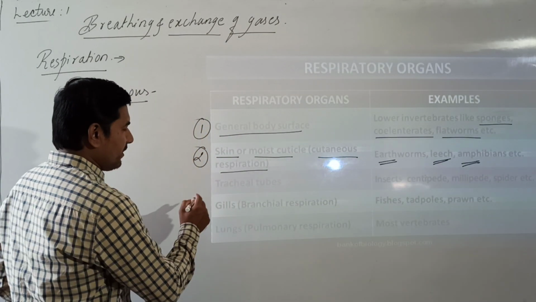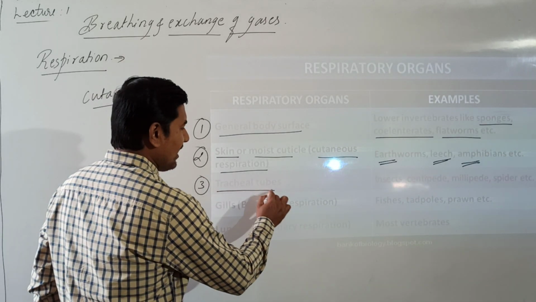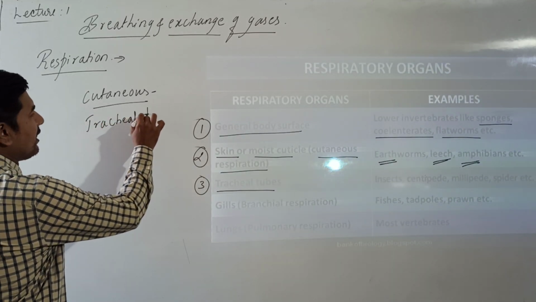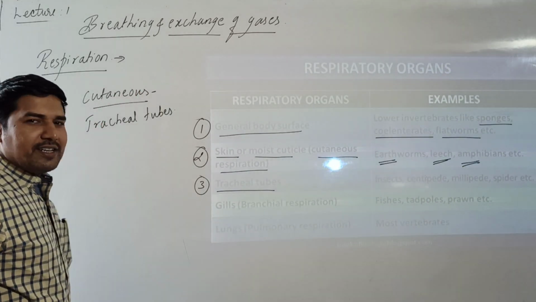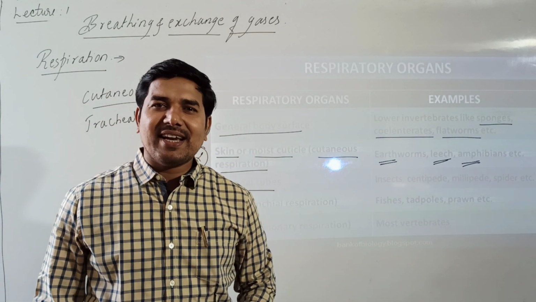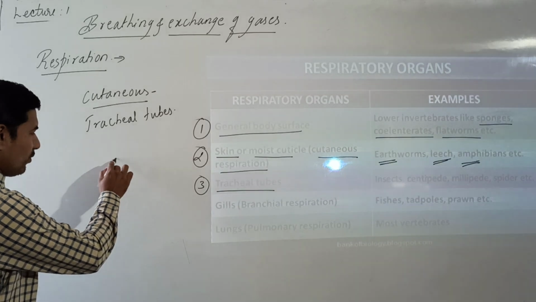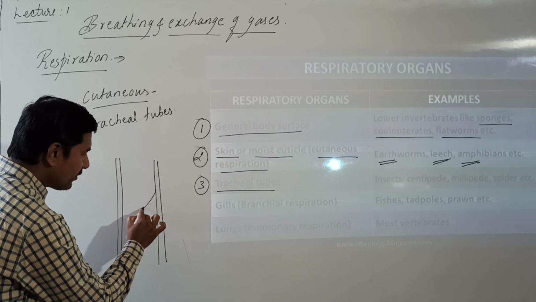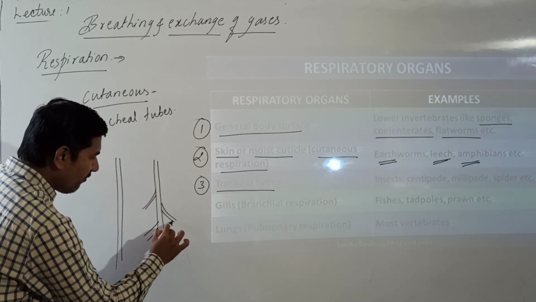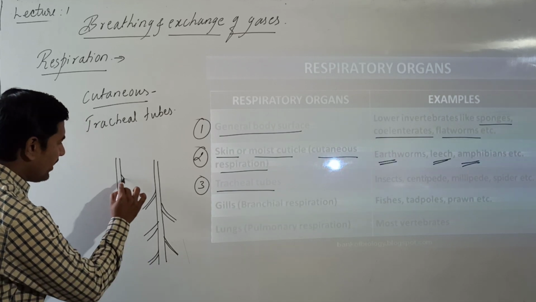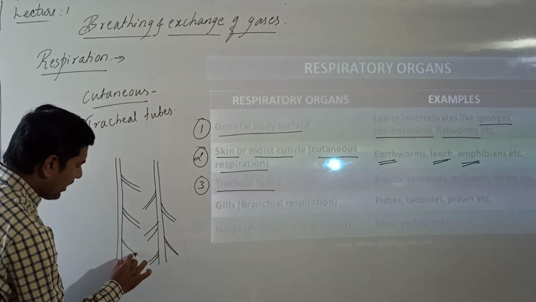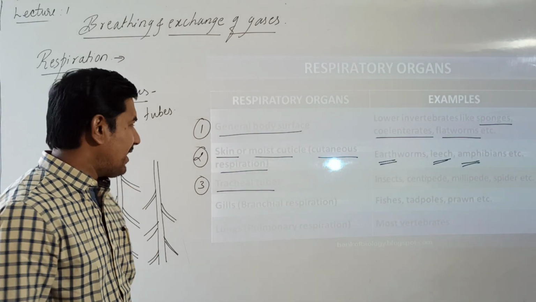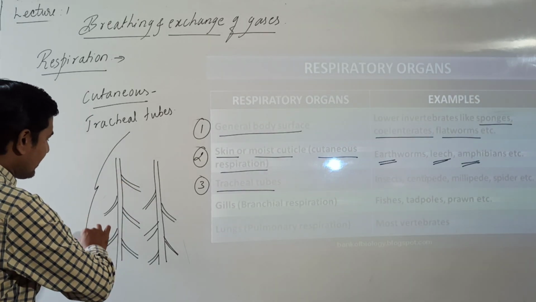Next, the third one is tracheal tubes. Respiration occurs through the trachea, which is a set of tubes. In insects, a set of tubes is present through which oxygen is supplied to each and every body cell, because all the body cells will be respiring.